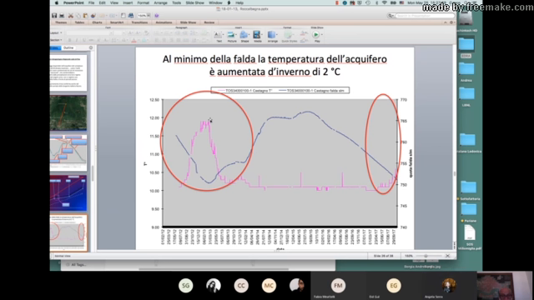Yes. So you have the water table going down, and every time it goes down a given amount, the temperature of the water goes up. And then it goes down again when the water table goes up. And when the water table starts going down again, the temperature rises again.